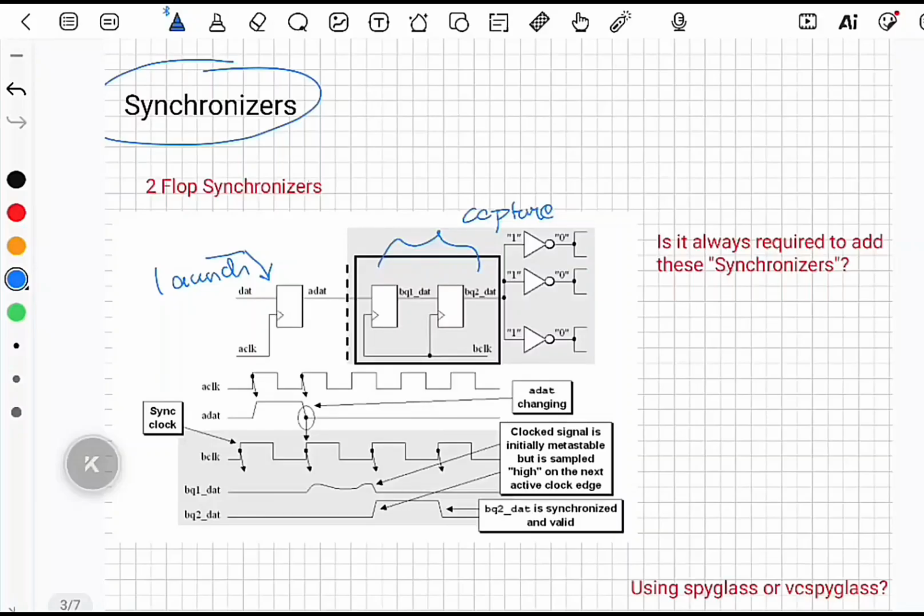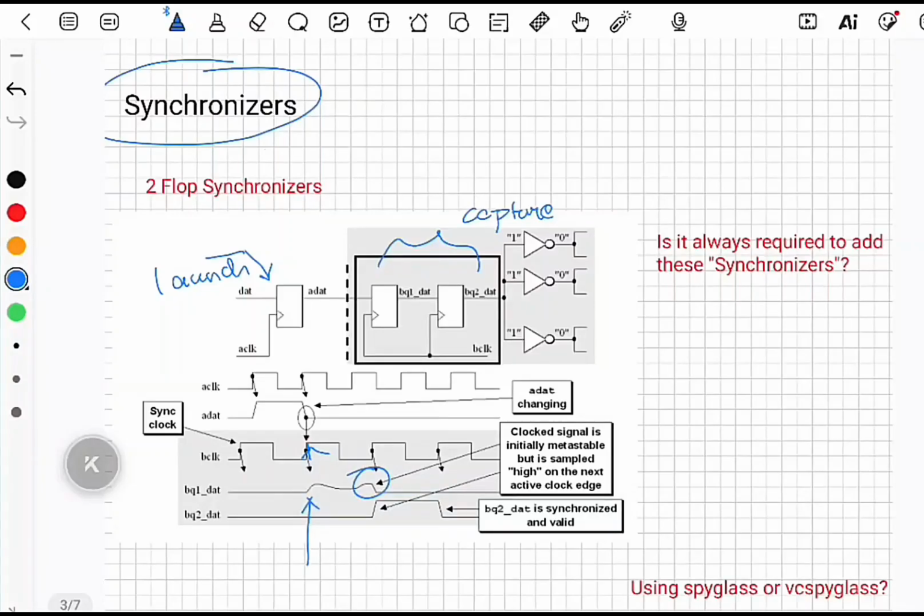So let's assume the waveform here. The A data is being transmitted and it is being captured at the B clock. What is happening here is, at this B clock edge, we are sampling the data, and because of some setup hold violation, it is going into a metastable state, and we are sampling metastable data at BQ1. But if we give it one more clock period to settle, by now it would have settled to some value.